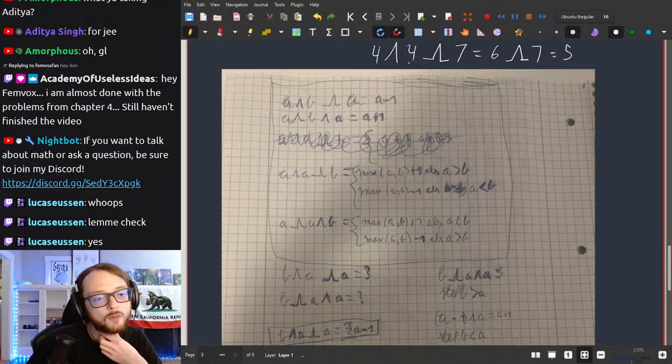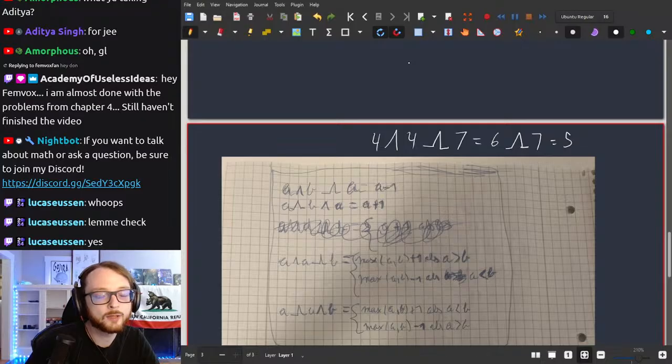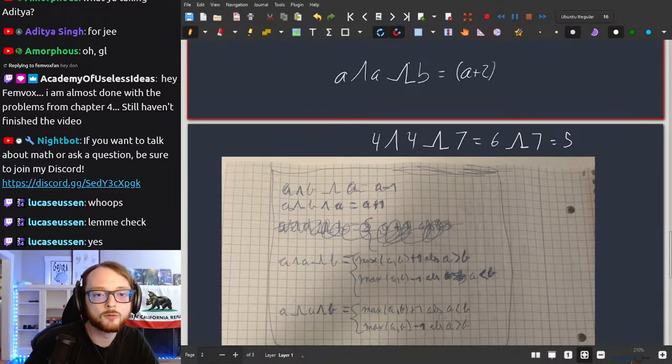So we should be able to do that one in general. If we have a wedge a, inverse wedge b, we know this bit here is always a plus 2. Well, ooh, you could have an edge case. What if a plus 2 equals b?